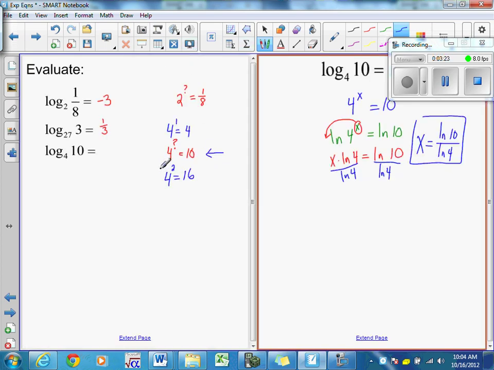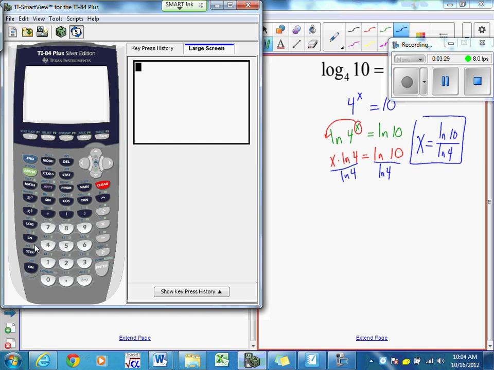So the question was, 4 to what power gives me 10? There's my answer. I could take the natural log of 10 divided by the natural log of 4, I get 1.66. We said it's between 1 and 2.